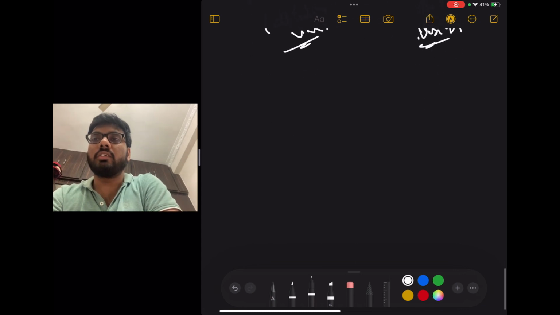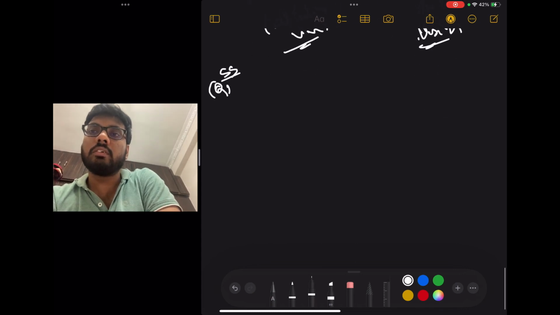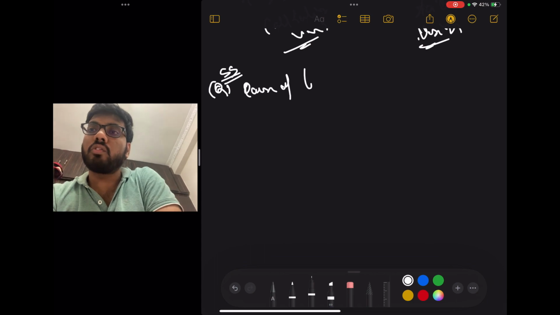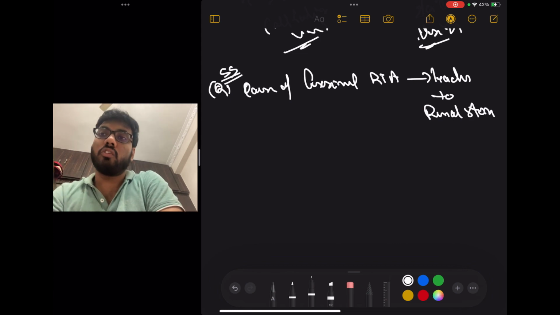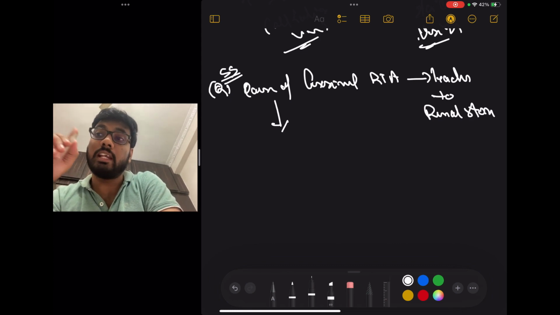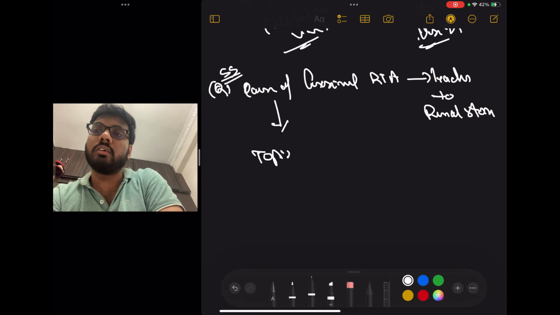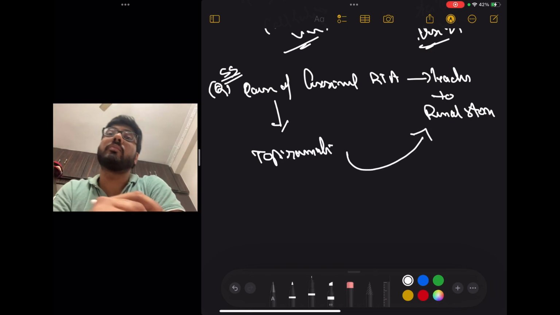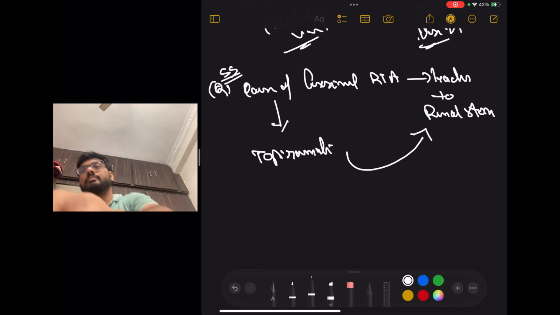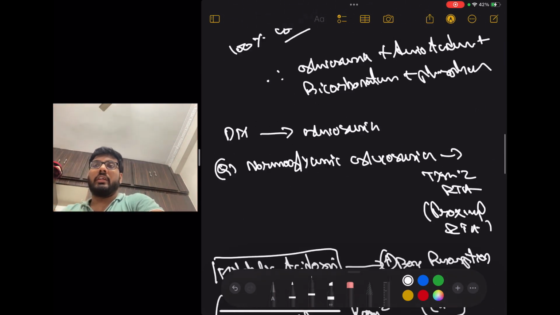This is an important question. Normally in proximal RTA we don't get renal stones, but there is one cause of proximal RTA which can lead to renal stones, that is topiramate. Topiramate is a drug which can lead to proximal RTA and leads to renal stones because it causes hypocituria.